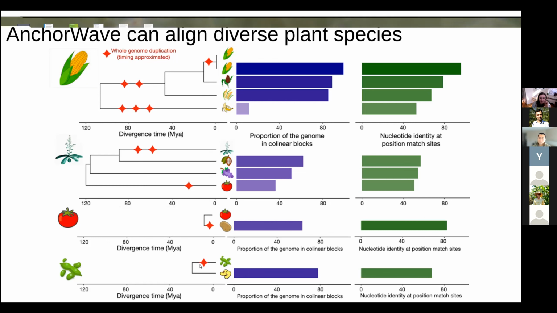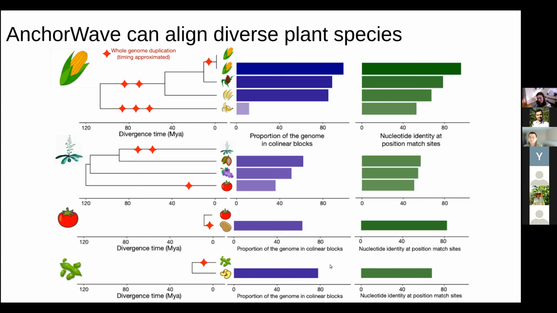However, soybean versus common bean has a 20 million year divergence, but more of the genome is retained in collinear blocks. And so keeping these things in mind and looking at some of these differences is important for thinking about whether AnchorWave is the appropriate genome aligner for your species.